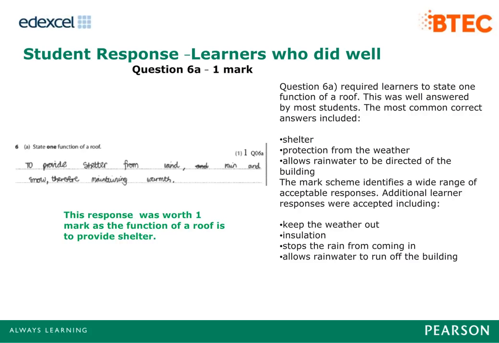Additional learner responses were accepted, including keeps the weather out, insulation, stops the rain from coming in, allows rainwater to run off the building. The shown response was worth 1 mark, as the function of a roof is to provide shelter.